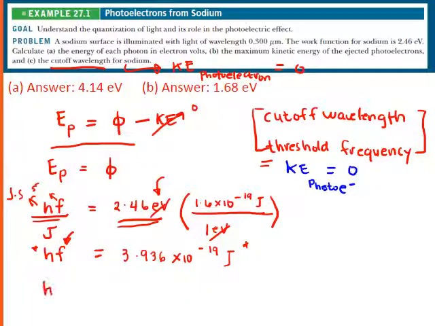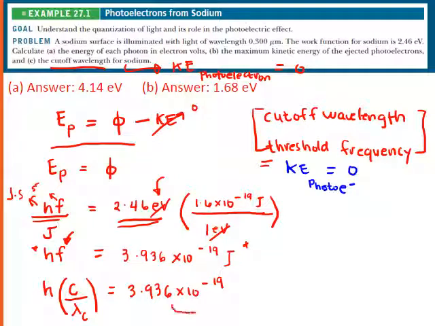Then we will have h times the frequency, as how we solved part A. Frequency is just equal to c, the speed of light, divided by the cutoff wavelength, which we call lambda c, and that is equal to the work function in joules, which is 3.936 times 10 to the power of negative 19.